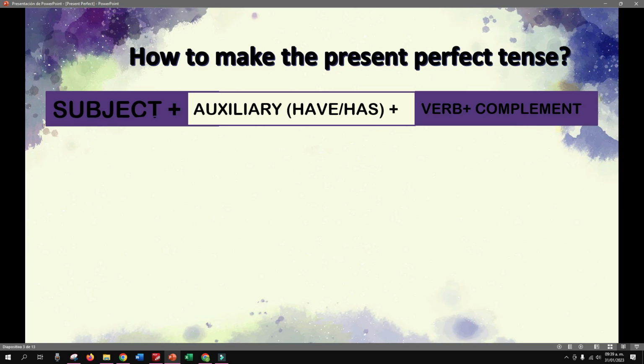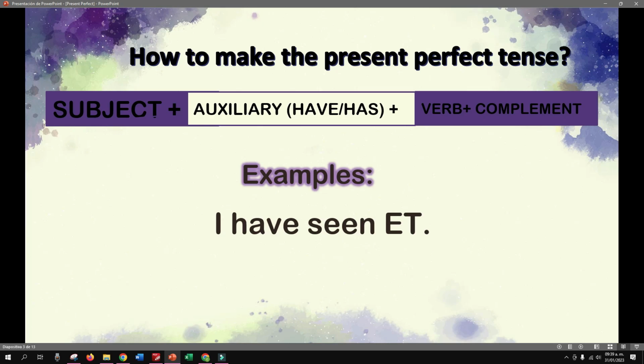Have: I, we, you, they. Has: he, she, it. So be careful with that. Also, you're going to use the verb, but in this case, the past participle of the verb. Then you're going to use the complement of the sentence. For example, I have seen ET.